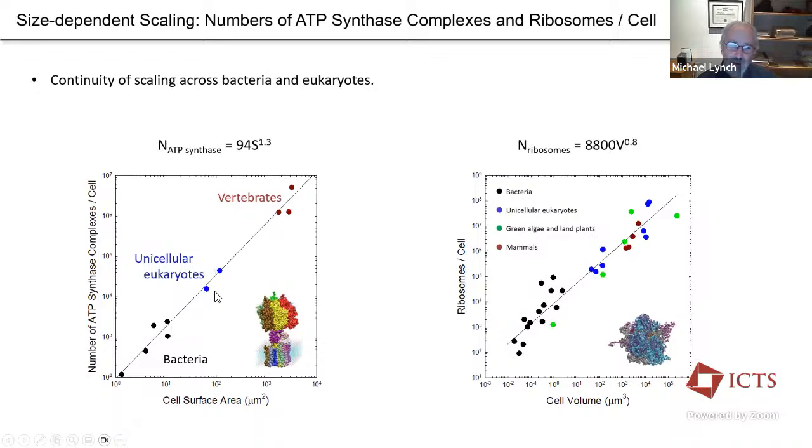They're not on the plasma membrane, but the number of ATP synthases in cells scales in this universal way that you see with bacteria. You see this universal scaling relationship of ribosomes in cells with cell volume across all these different phylogenetic groups. So these all seem to be sort of universal scaling relationships in the entire tree of life.